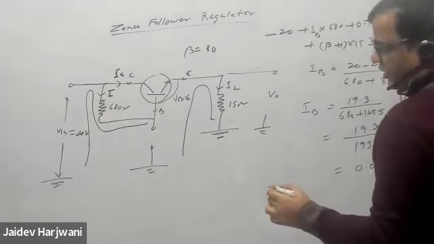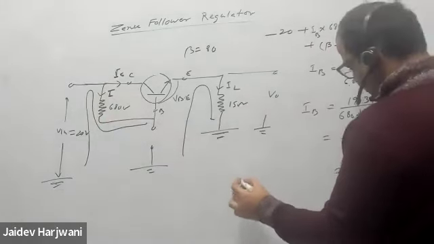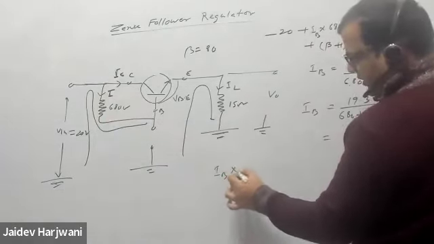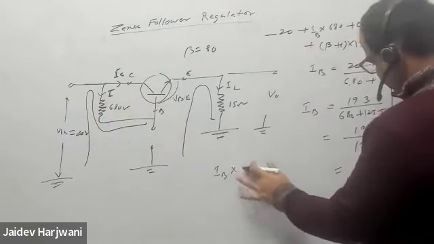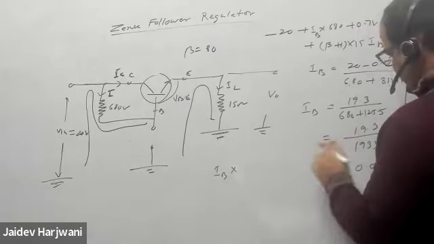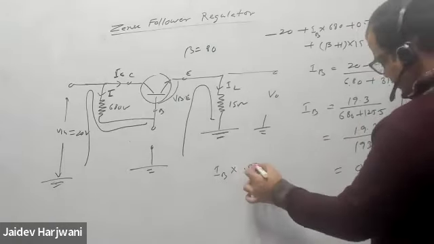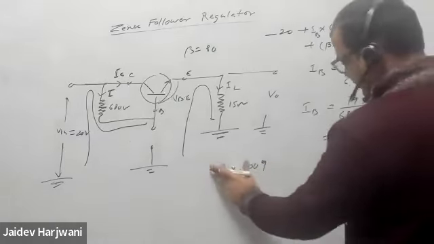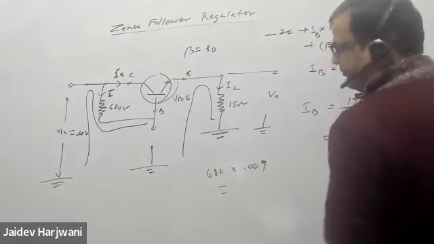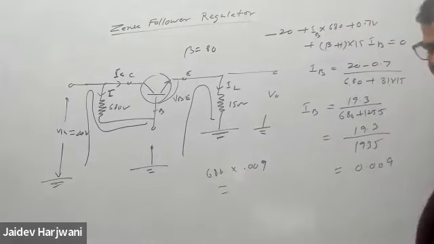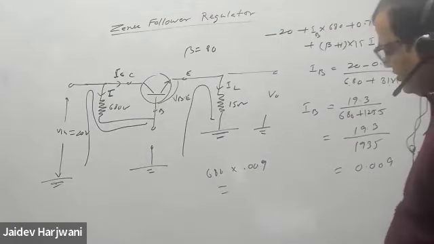Okay, so the drop in 680 ohm is IB into how much? Whatever I'm saying, check if it's correct. Okay, so it is correct, 0.009. Multiply it with the 680 ohm. How much voltage is coming? This is just for checking. 6.74 volt.